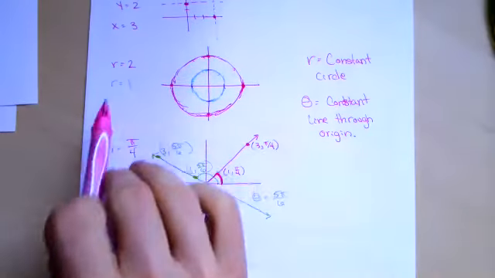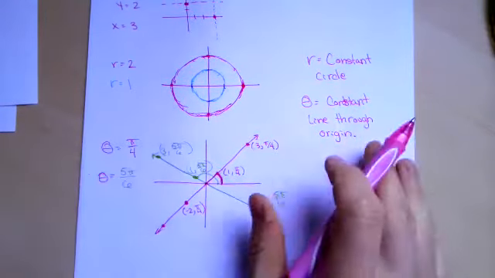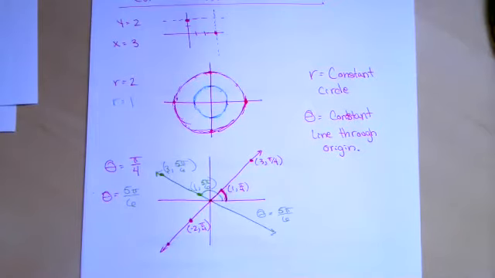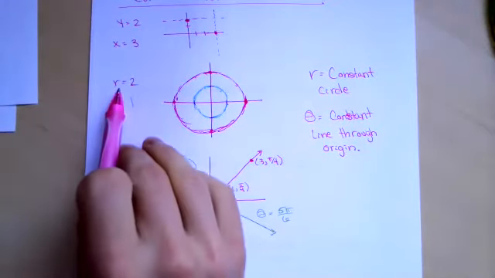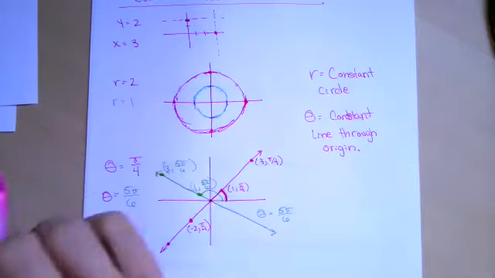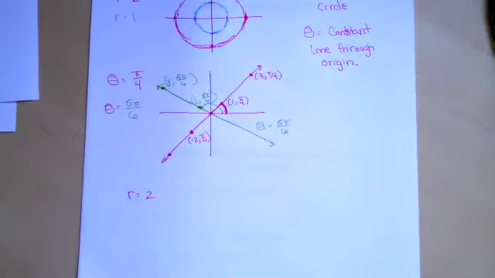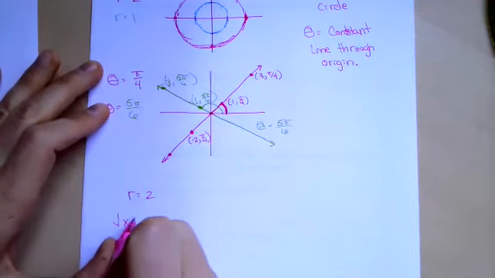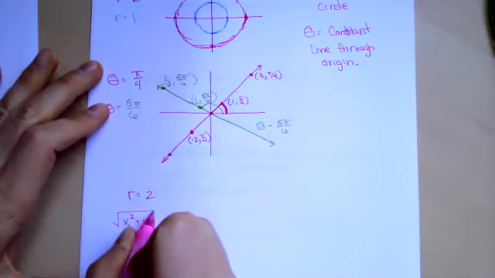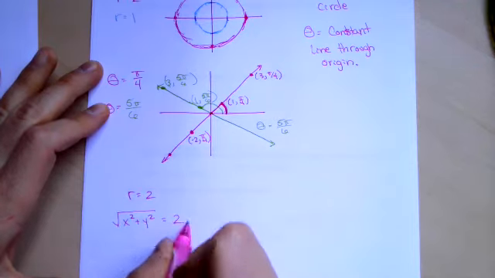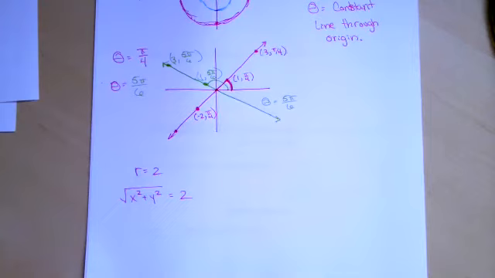Another thing we could do to try to see this is that we could convert back to rectilinear coordinates. If I have r is equal to 2, for example, and we want to convert back to rectilinear coordinates for an equation or for a function, all we have to do is do the same process we were doing for individual points. And we had that equation.